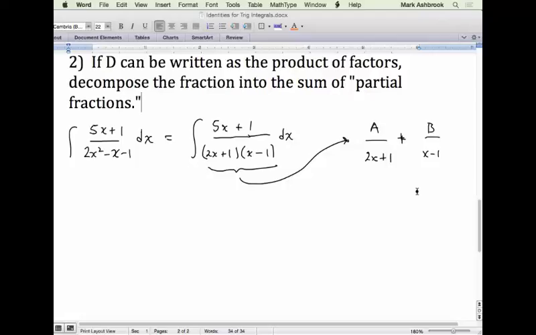Well, you would have had a 2x plus 1 and an x minus 1, and the common denominator of those two, when you added them together, would be the 2x plus 1 times x minus 1. So we have to figure out what a and b are so that this is equal to what we have, and then we'll be home free. That'll be an easy antiderivative. We'll just do that one and that one separately.